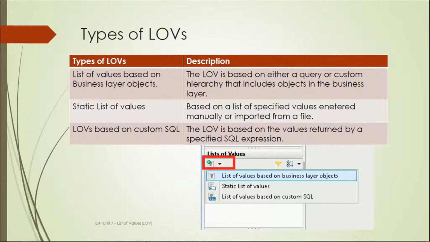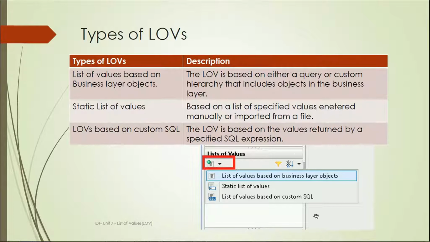The third is a LOV based on custom SQL, meaning we can create a SQL. For example, we can take two columns from one table and combine them in a simple LOV. These are the three types of LOVs.